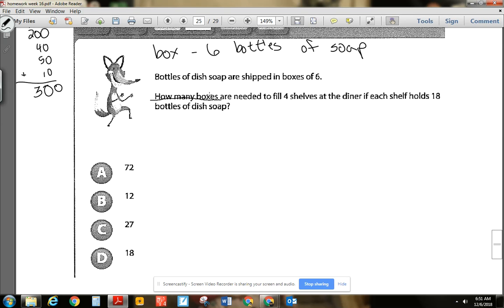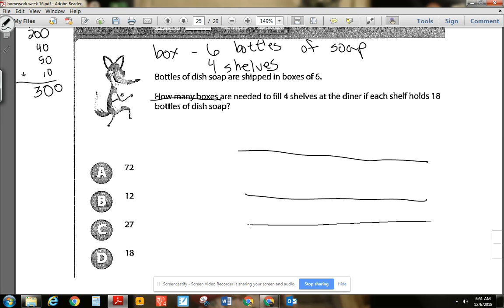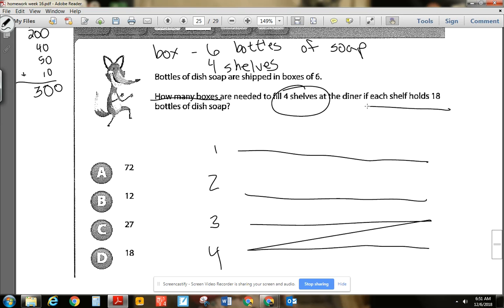How many boxes are needed to fill 4 shelves at the diner? So I got my 4 shelves, right? If each shelf holds 18 bottles, so there's 18 bottles of soap on each one of these shelves.